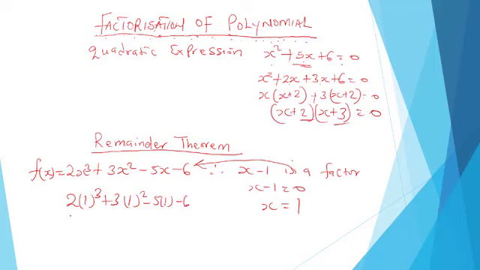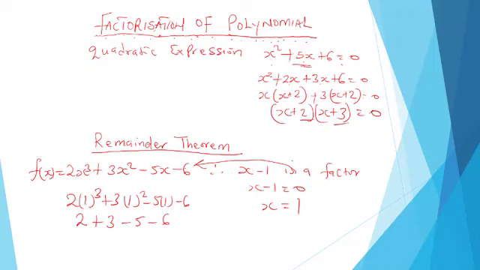After coming to this point, 1 raised to the power 3 is 1, so this is 2, plus 1 squared is still 1, so 1 times 3 is still 3, and minus 5 and minus 6. So let's move ahead. 2 plus 3 is 5, and 5 minus 5 is 0.